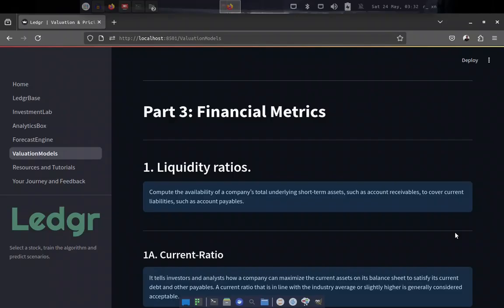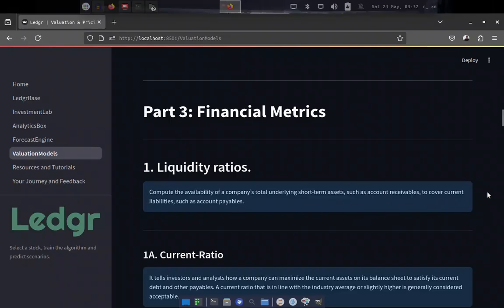Here we come across the main 4 or 5 types of financial ratios. The first being liquidity ratios. As you can see, you can read up the information from the wiki that we've posted over here.